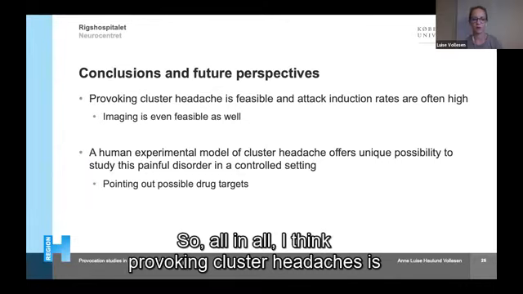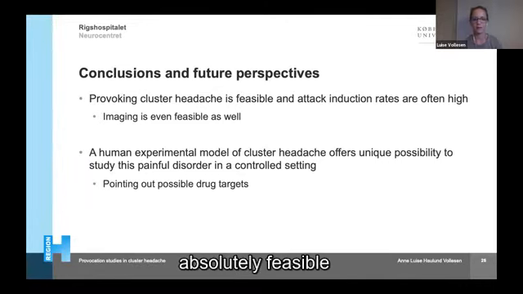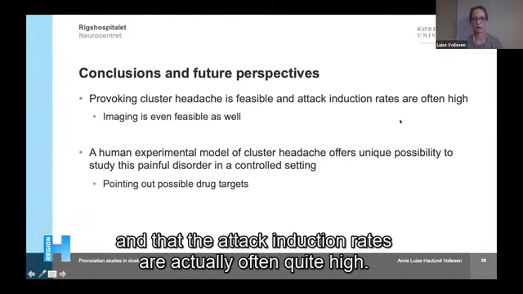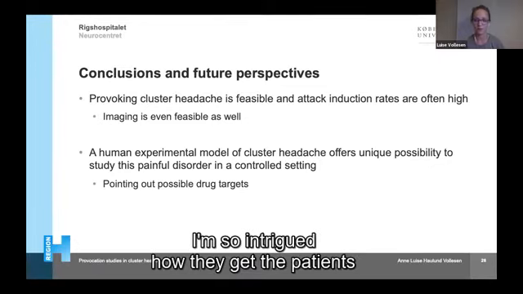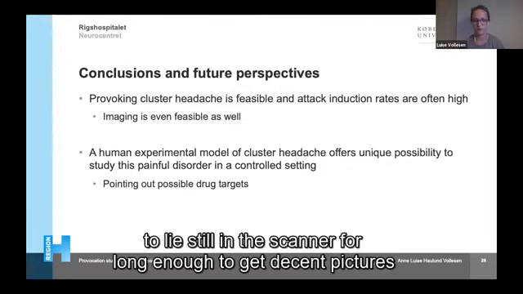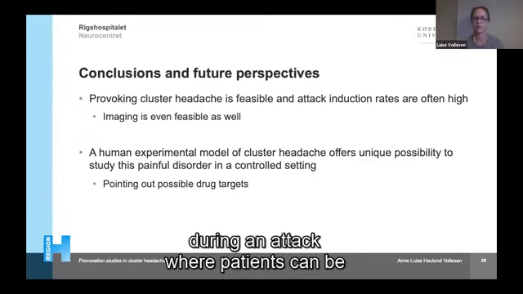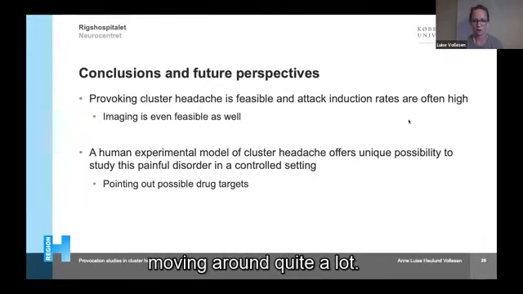So all in all, I think provoking cluster headaches is absolutely feasible, and the attack induction rates are actually often quite high, and imaging studies are even feasible as well. I'm so intrigued how they get the patients to lie still in the scanner for long enough to get decent pictures during an attack where the patients can be moving around quite a lot.